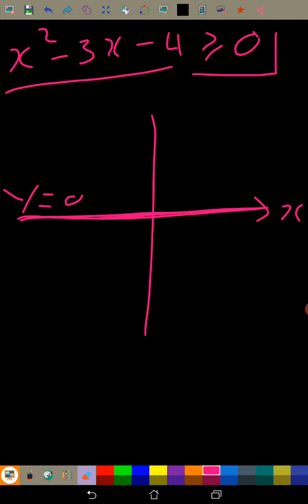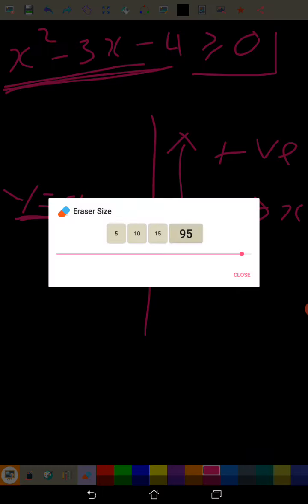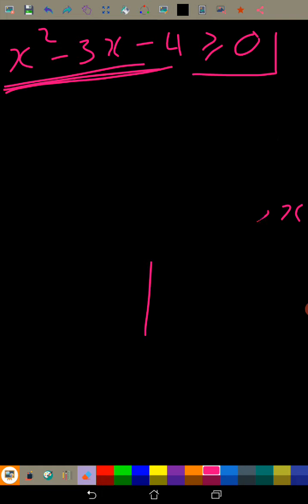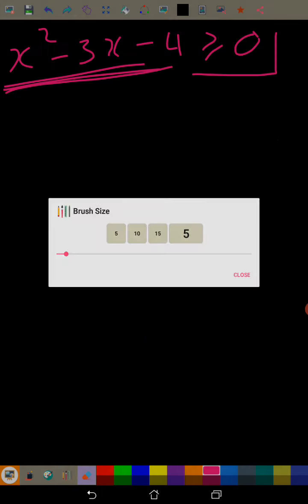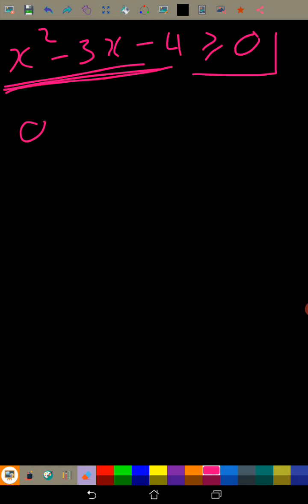We want it equal or above, therefore positive. Let's analyze the equation. If I want to analyze the equation, I will say that a is equal to 1, so it's positive, and it's going to look like this. It's going to have a minimum.